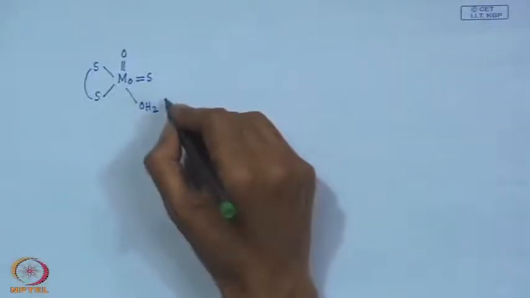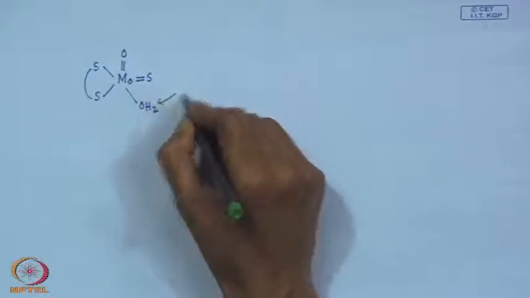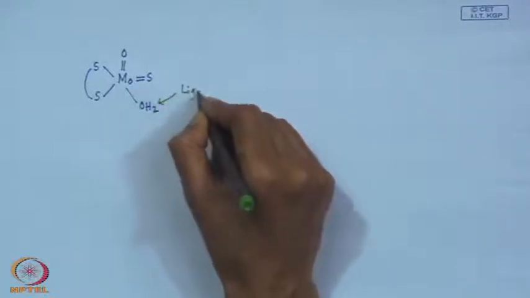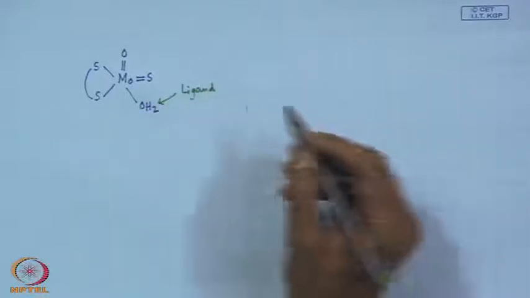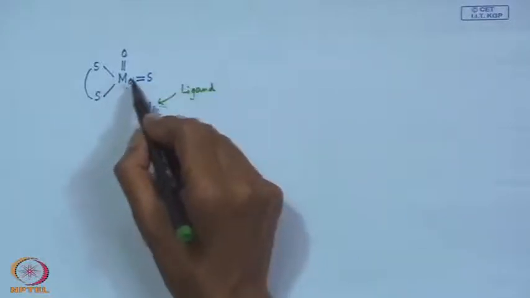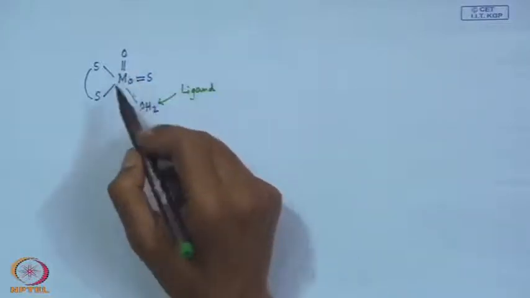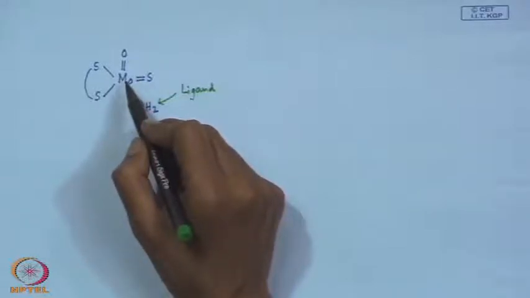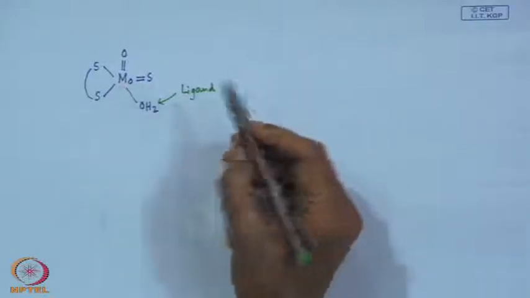So, in this pentacoordinated form, initially we have water as a very good ligand bound to the molybdenum site, and this molybdenum site can have +4, +5 or +6 oxidation state.